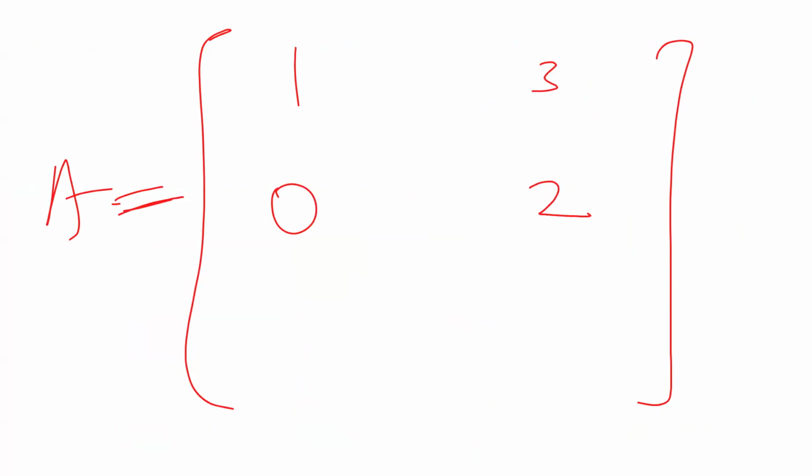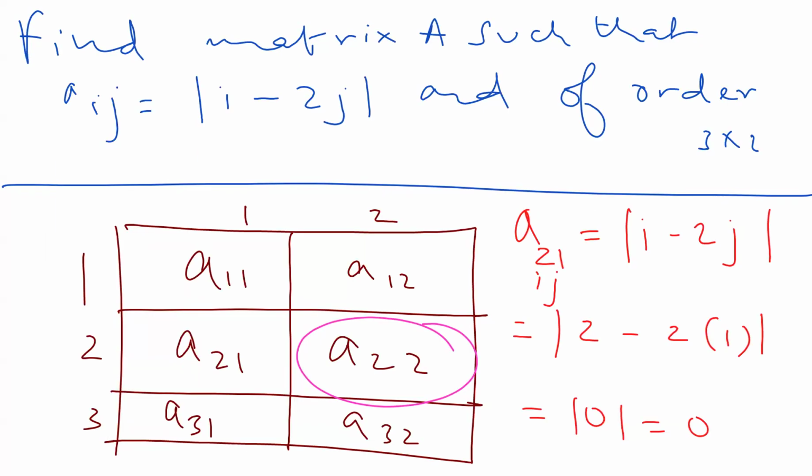Girls, preferably everyone reply. So all girls, A31. What is the answer? The final answer of A31, method I have taught you. 1. Correct. Others, are you getting the same thing? 1. Yes, sir.